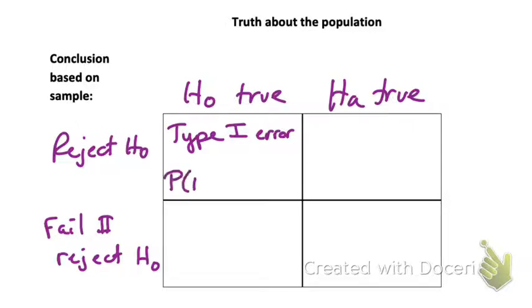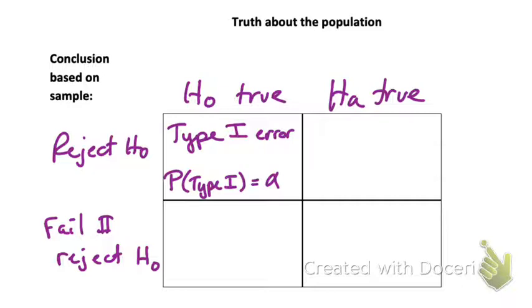The probability that we commit a type 1 error is equivalent to the significance level. Most significance levels are 5%. So what we're basically saying is we are okay with there being a 5% chance of us rejecting the null hypothesis even when we shouldn't have.